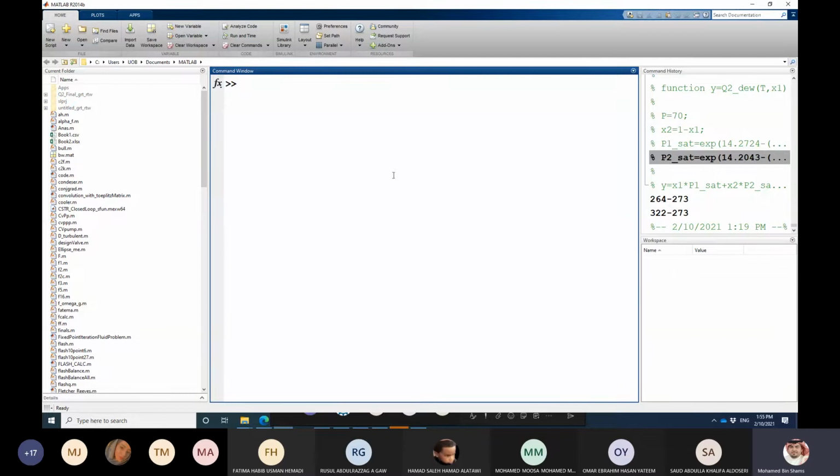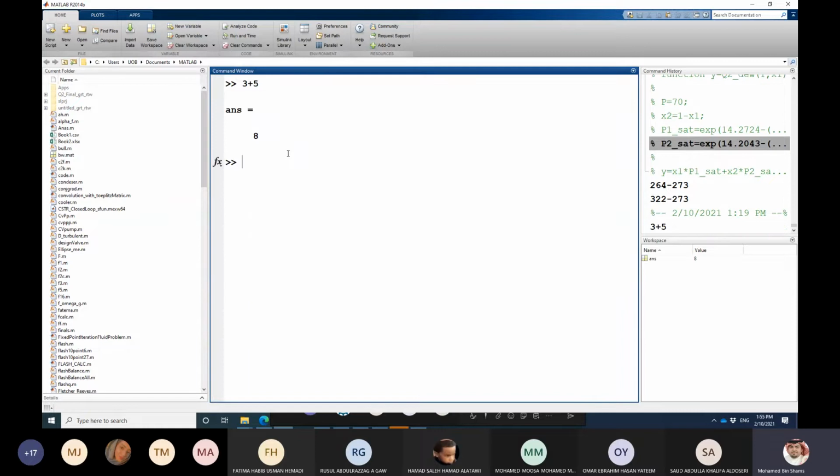In the workspace, anything I wrote is listed. For example, let's assume that I want to add two numbers, like 3 plus 5. That's equal to 8. This is exactly like a calculator. If you have a calculator, you type 3 and then 5, and you get the answer right away.